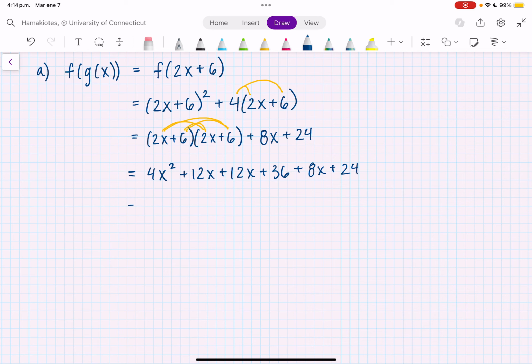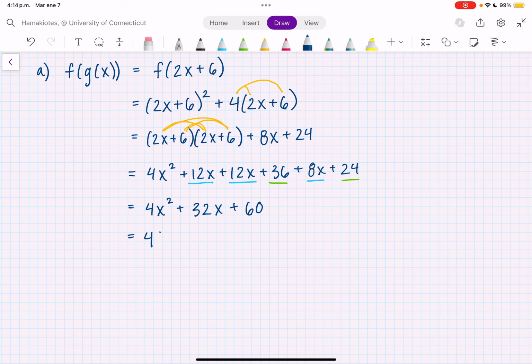Now we want to add like terms. So we have 4x squared. Now we see we have 12x, 12x, and 8x. So 12 plus 12 is 24, plus 8 is 32x. And now we also see that we have 36 plus 24, which is 60. So now note that we can factor out a 4 from each term.